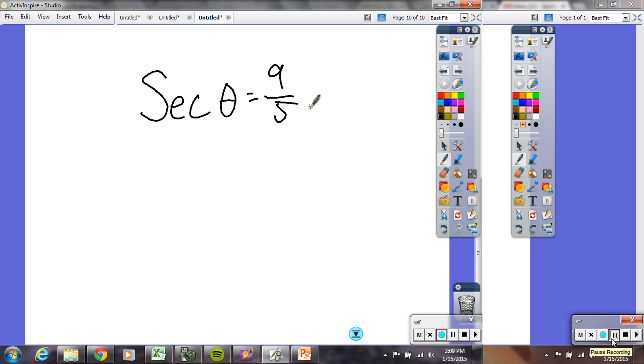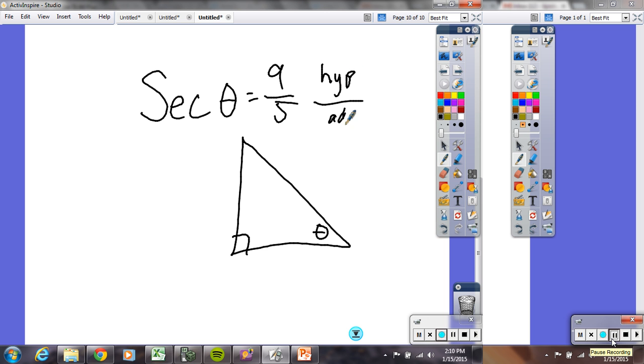It makes me so frustrated. Okay, I want to find the rest of the 6 trig functions. So I got one, I want the others. Draw a triangle. Here's theta. Remember, secant is hypotenuse over adjacent.